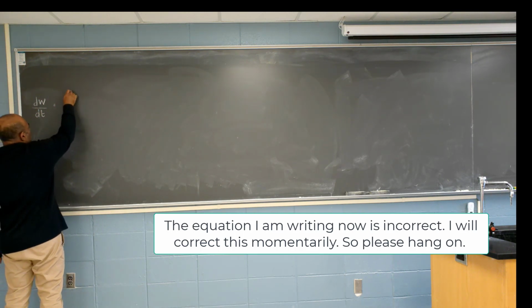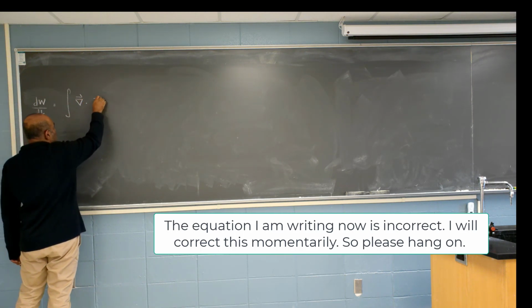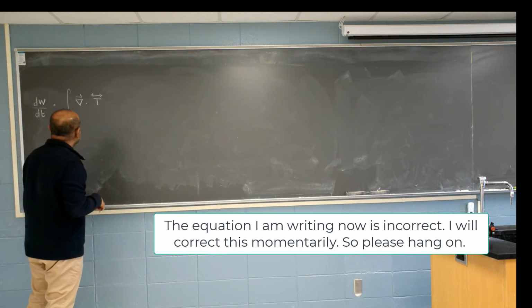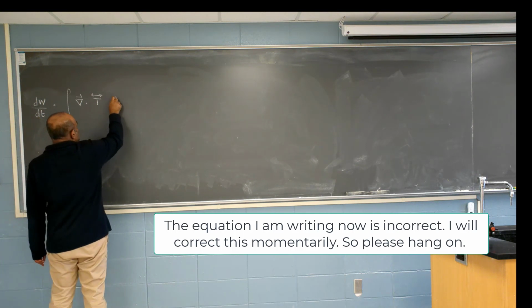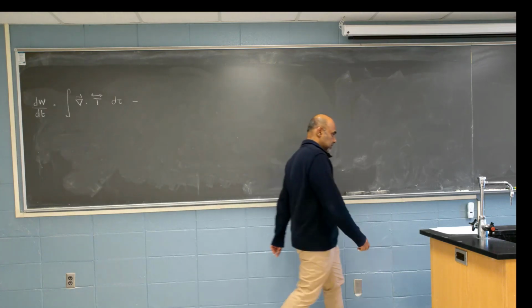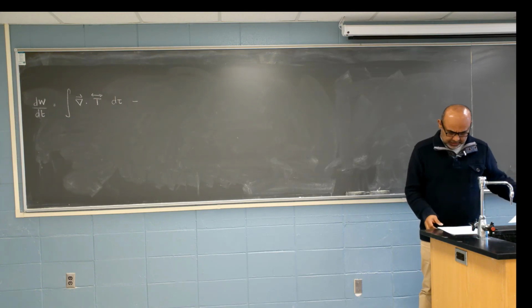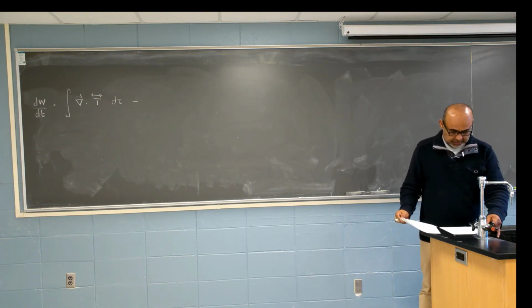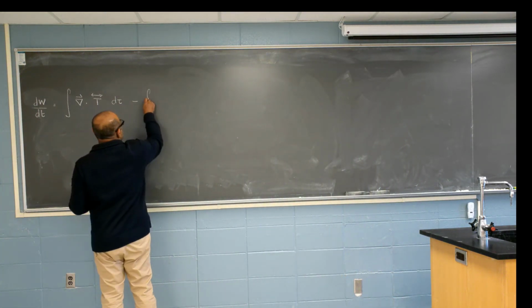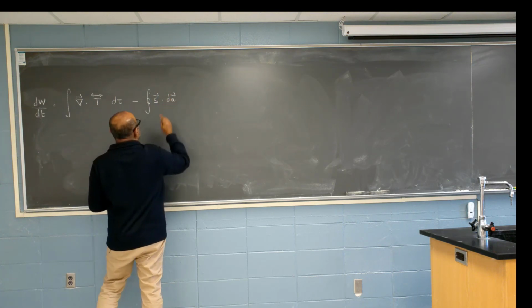That was equal to, and I'm using this divergence version, so it is a d tau integral, meaning this can be easily converted to a dA integral, minus S dot dA.